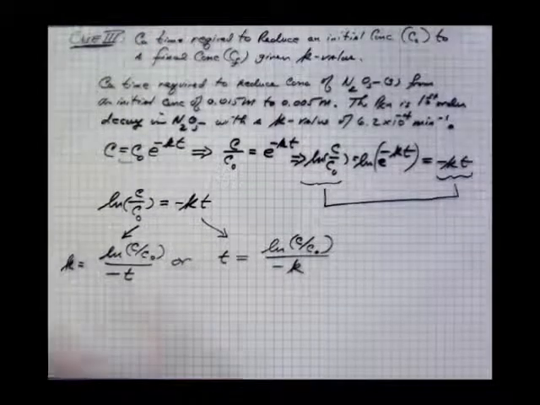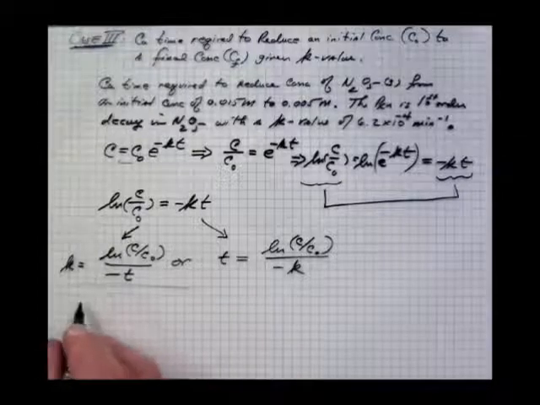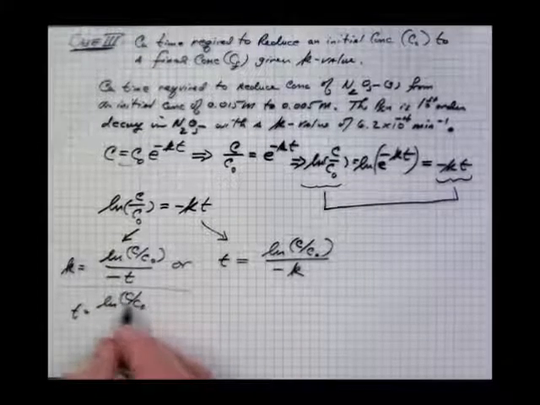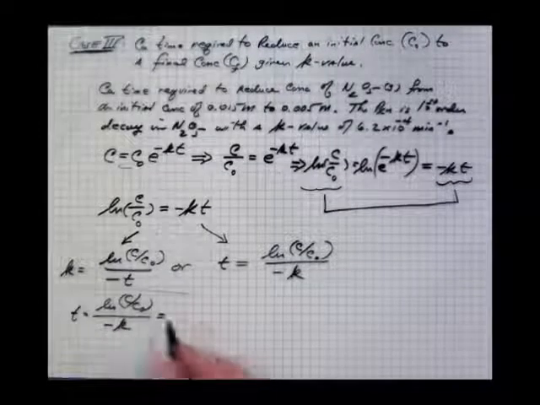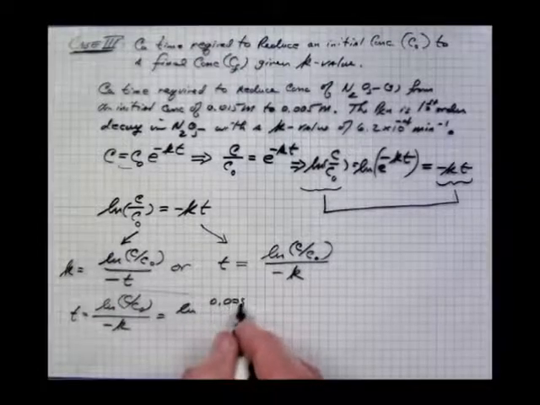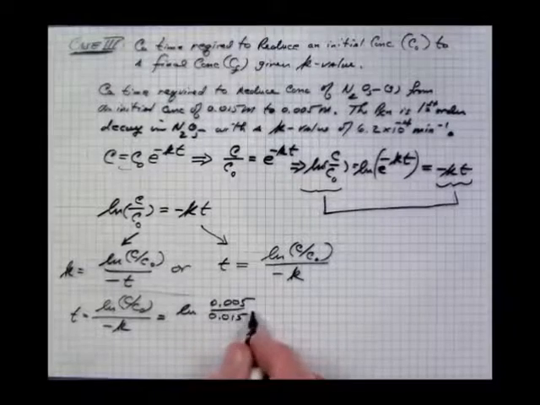Using this expression right here, T equals ln of C over C sub O divided by minus K. Then we'll put in ln of the final concentration, 0.005 molar over 0.015 molar.